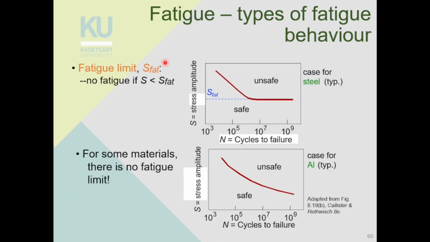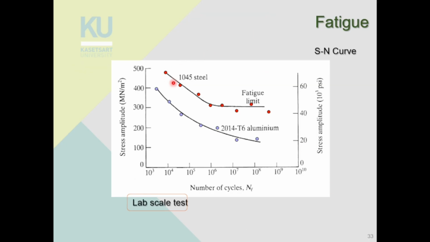Okay, we can divide materials into two types: the one with a fatigue limit and one without a fatigue limit. If you recall from earlier, the 1045 steel has a fatigue limit, whereas 2014 T6 aluminum doesn't have a fatigue limit. What does that mean?